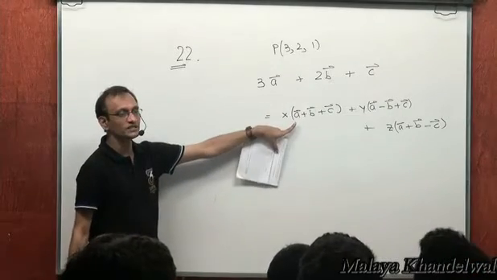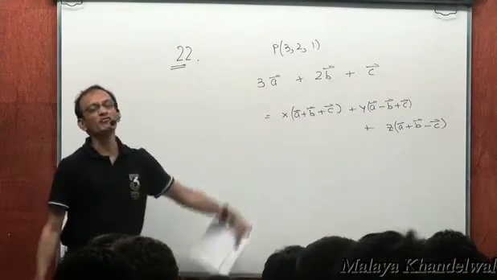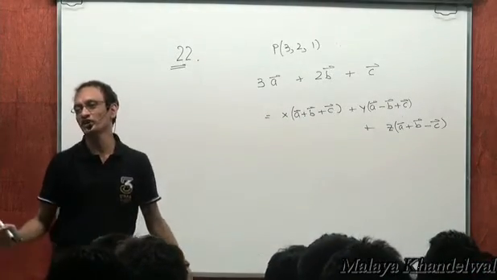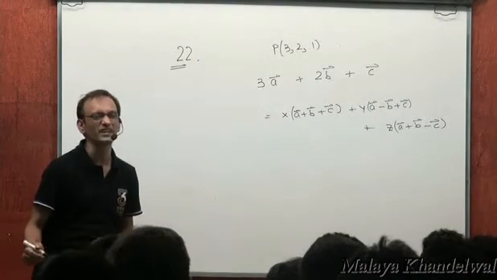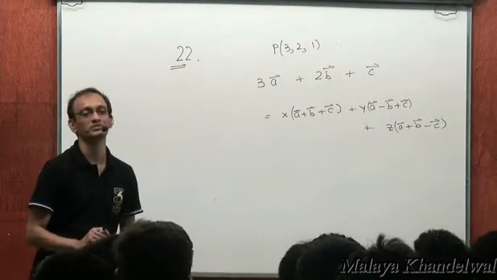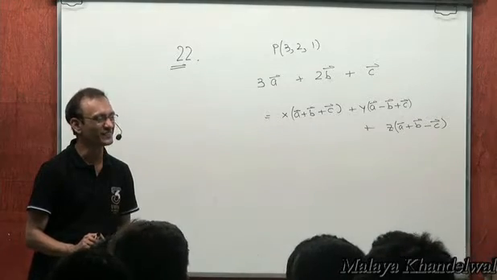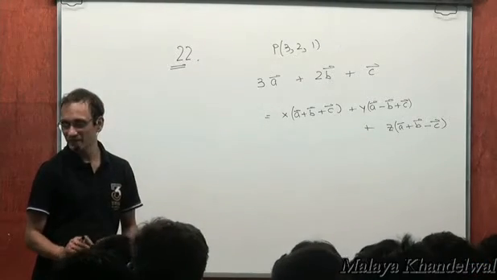This will be equal to this. Equate coefficients of A, B and C on both sides and solve for X, Y, Z. Rather, check from options. Don't solve. Check from options. Okay?